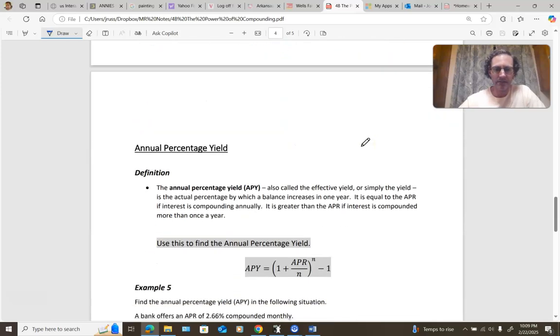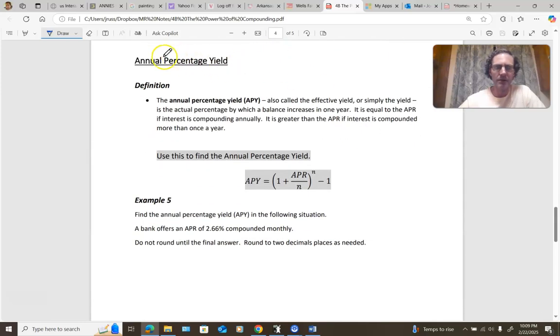Okay, so now we're going to talk about something called the annual percentage yield. So we've seen the annual percentage rate, that's the interest rate. The annual percentage yield is called the effective yield. This is how much your money will actually increase, as a percentage. Now, this will be the same as the APR if interest is compounded only once a year.